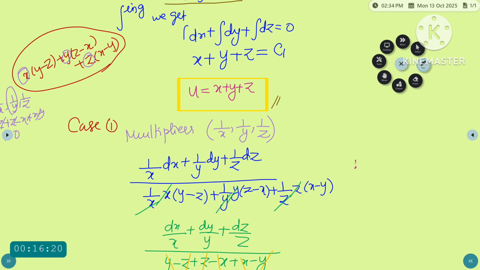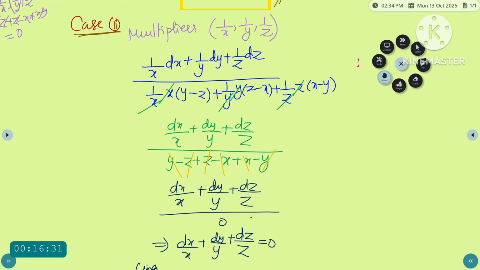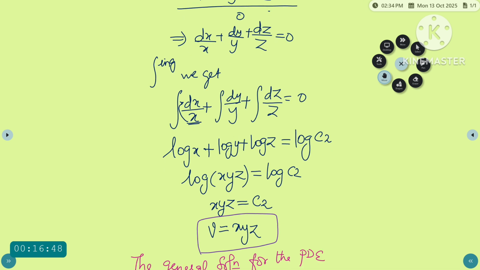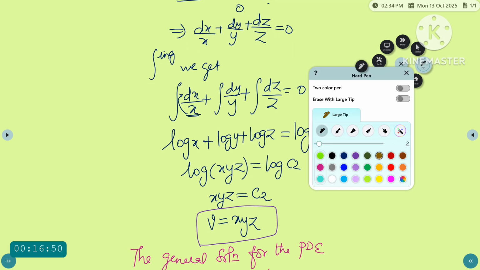In case 2, we choose another set of multipliers: 1 by x, 1 by y, 1 by z, so that the denominator vanishes in this case. The remaining terms are dx by x plus dy by y plus dz by z equal to 0. Integrating, the left hand side is log x plus log y plus log z.